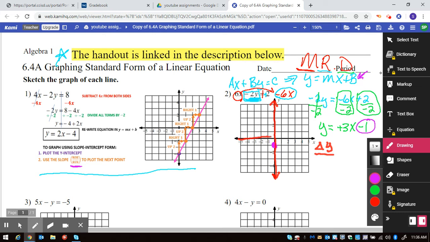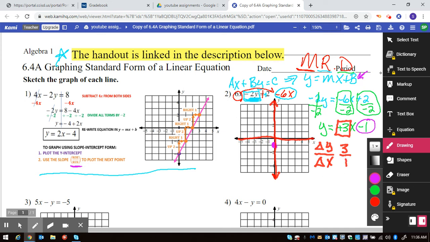So rise over run is the change in x. So you just take this number in front of the x because that's how it's changing. And it's changing by 3. You can turn any whole number into a fraction by putting a 1 under it.